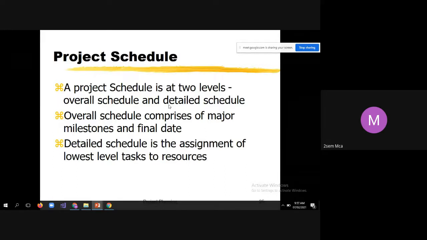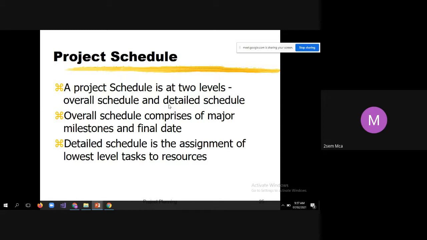Examples for major milestones: say, within 1 month you have to prepare the system requirements document. That is one milestone. After that, within another 1 or 1.5 months, you have to come up with the system design document. That is one milestone. Then within another 8 months, you have to finish the complete source code.